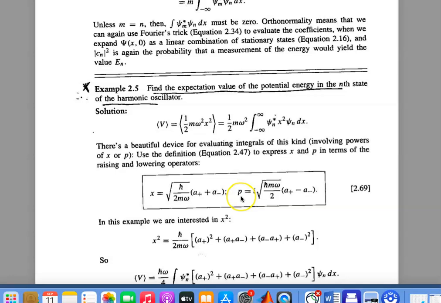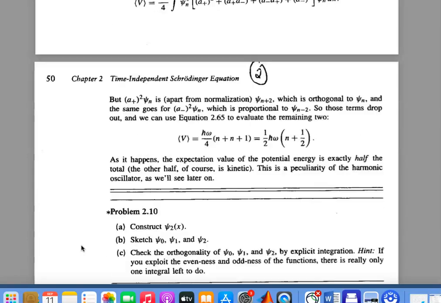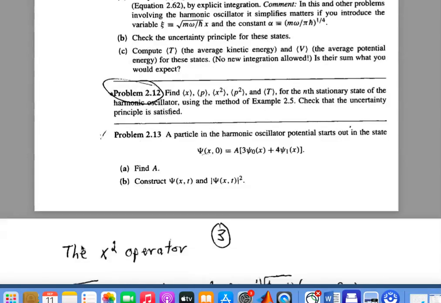And the momentum operator p is given in terms of the imaginary number i and the raising and lowering operators. With x given as this term, since you need x squared, it is finally given as this expression. Let me show you on the next page how I've attained that.